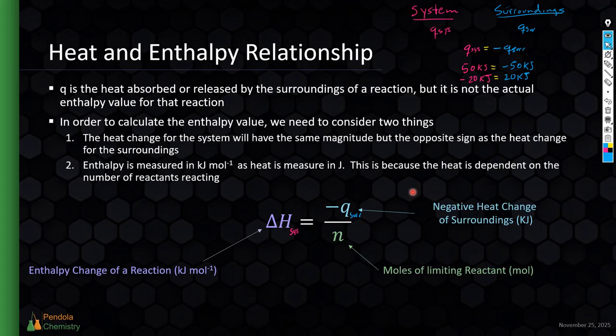So this is what we use. We're going to use a combination of the two equations. We're going to use Q equals mcΔT to find the Q of the surroundings. And then if we do negative that Q divided by the number of moles of the reactant, we can get the delta H of that reaction from that.